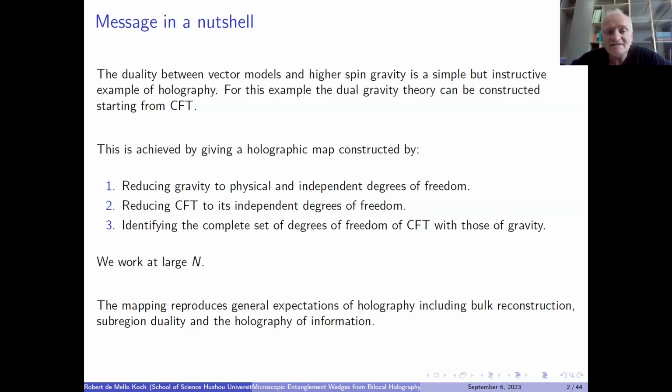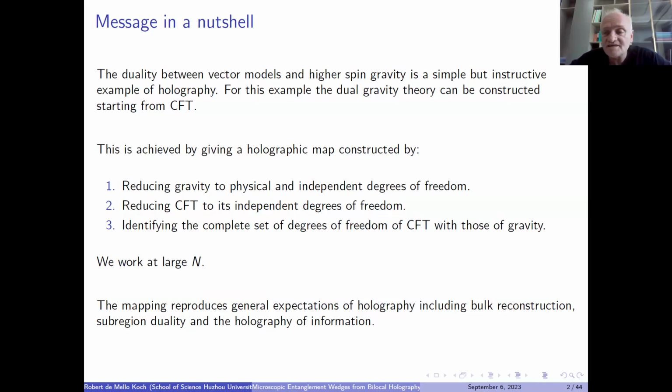The basic idea behind this holographic map is we're going to reduce gravity to its physical and independent degrees of freedom. We're going to reduce the CFT to its independent degrees of freedom. And then we're actually going to be able to identify the degrees of freedom in the CFT with those in the gravity. So we'll get a very explicit map, and we'll see how the gravity is reconstructed from the CFT.